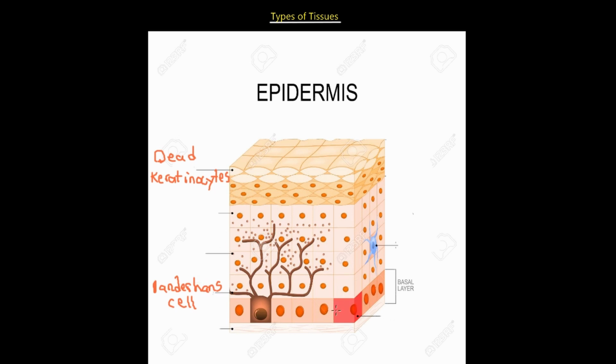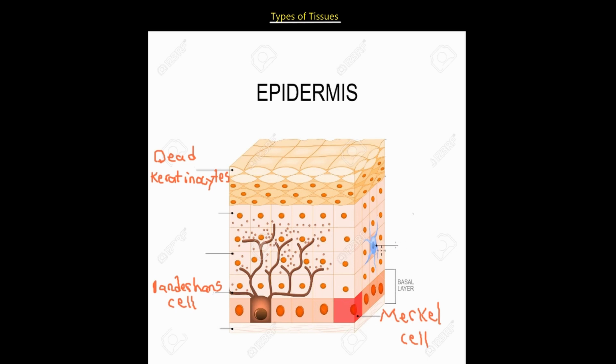Now, this one right here, also labeled at the basal layer, this one's going to be called the Merkel cell. And the importance of Merkel cells is they receive the sensations of touch. So if something was to touch the epidermis, if something was to touch the skin, the Merkel cells are the ones that are going to receive that sensation and pass it on to the nerves.